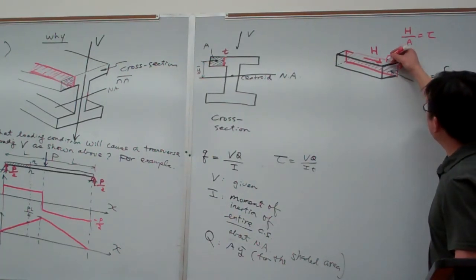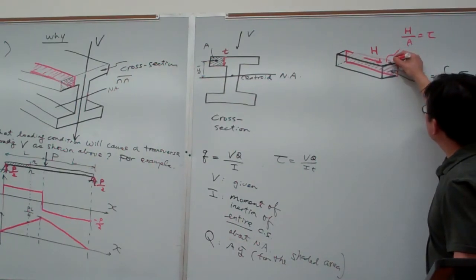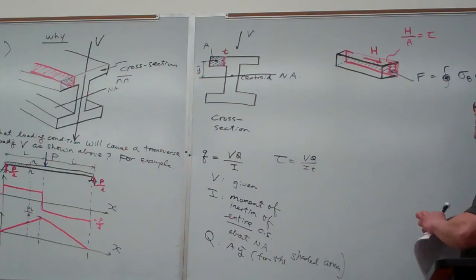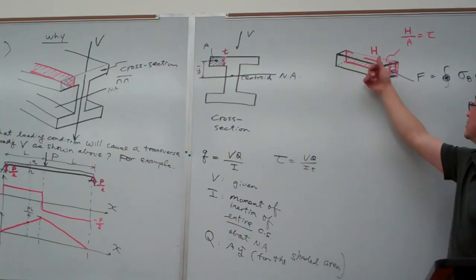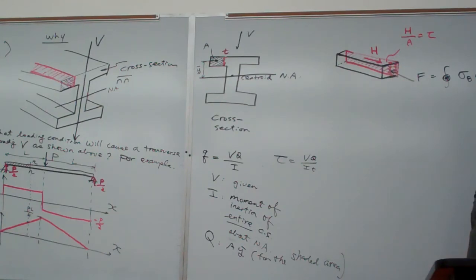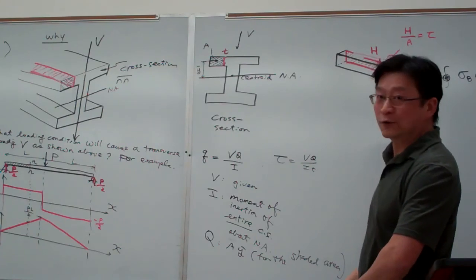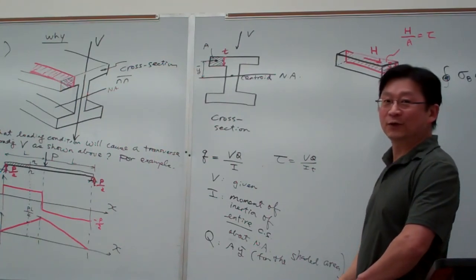On this red plane, let me use the small arrow. The average shear stress or shear flow will be in that direction. That means it flows from this end to this end on the red dashed area. Good or not? Good, right?